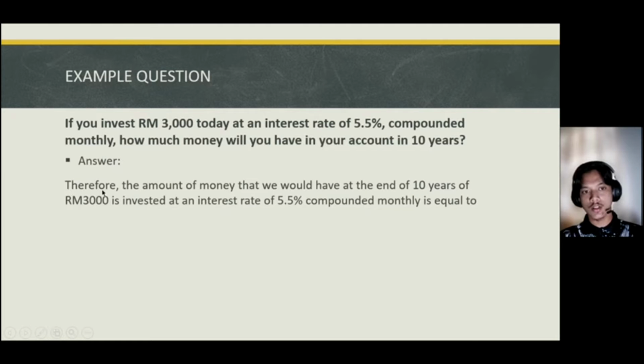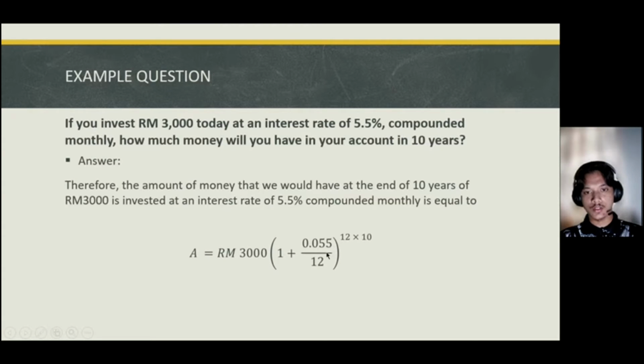Therefore, the amount of money that we would have at the end of 10 years, if 3,000 is invested at an interest rate of 5.5% compounded monthly, is A equals 3,000. The principal is 3,000, the present value. So open bracket 1 plus 0.055.